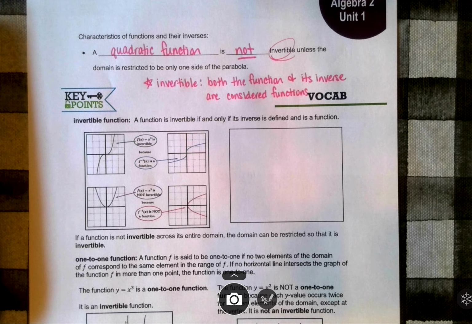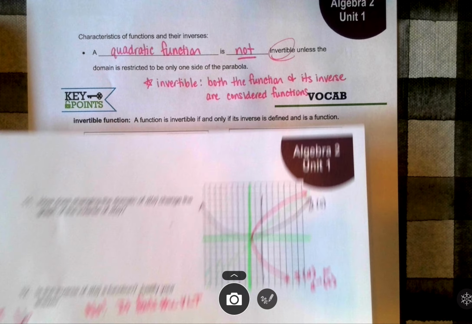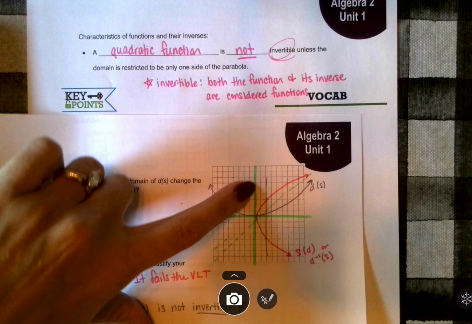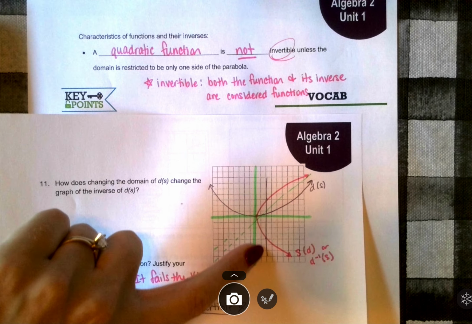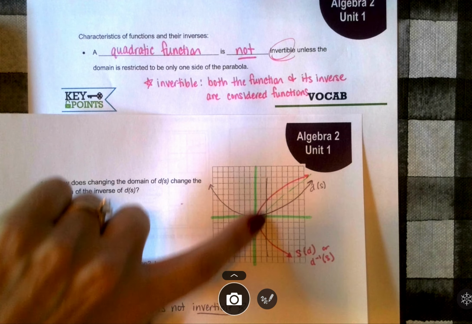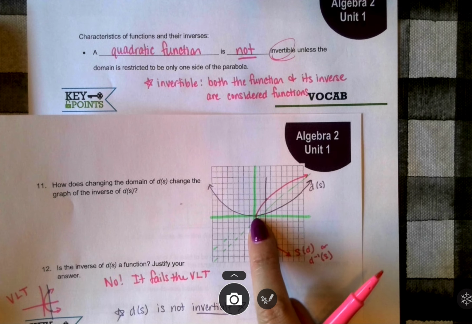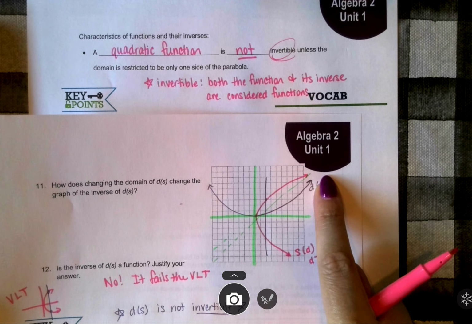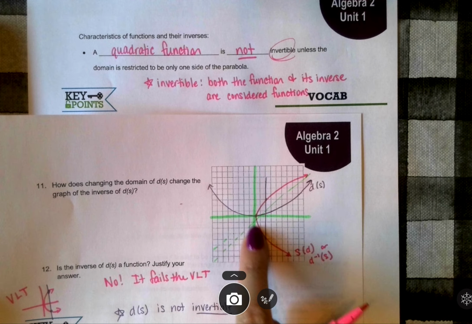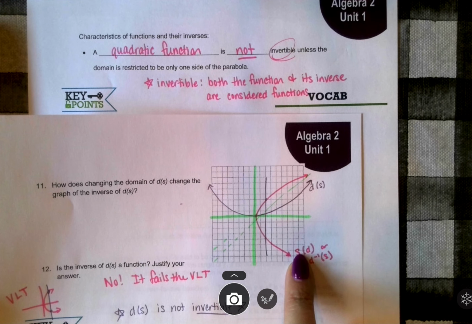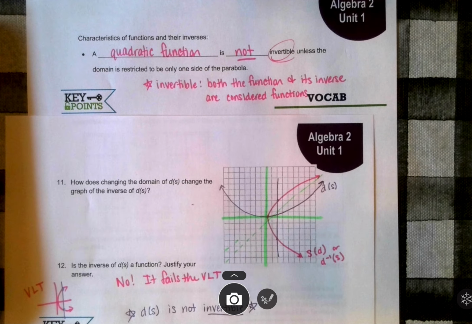So invertible means that our original function obviously is a function, but also the inverse would be considered a function. And when we looked at our graph in number 11, the inverse did not pass the vertical line test. It failed, which is why we would have to restrict our domain to just be 0 up until that maximum value, because we don't need this bottom part. Otherwise, it is not a function. It is not invertible.